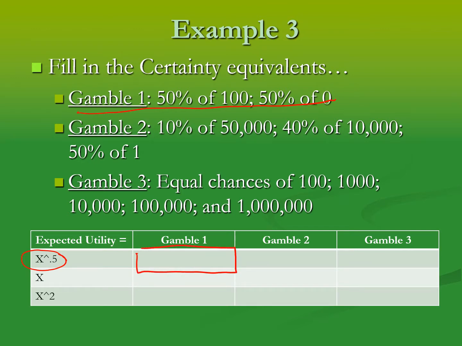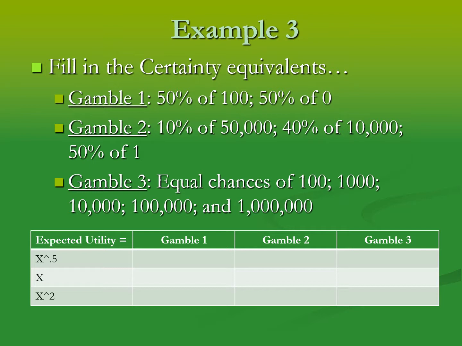Then we will also look at gamble 3 with a different utility function and fill in the chart. We'll run through a couple of these examples with gambles 1, 2, and 3 at different utility functions, but then you can fill in the rest, and I'll give you the answers within this video to see if you understand how to calculate the certainty equivalents.